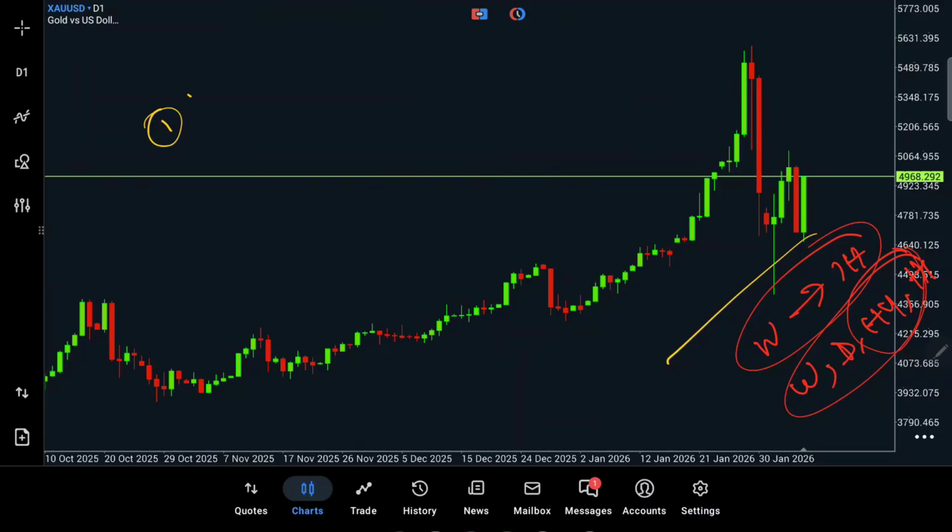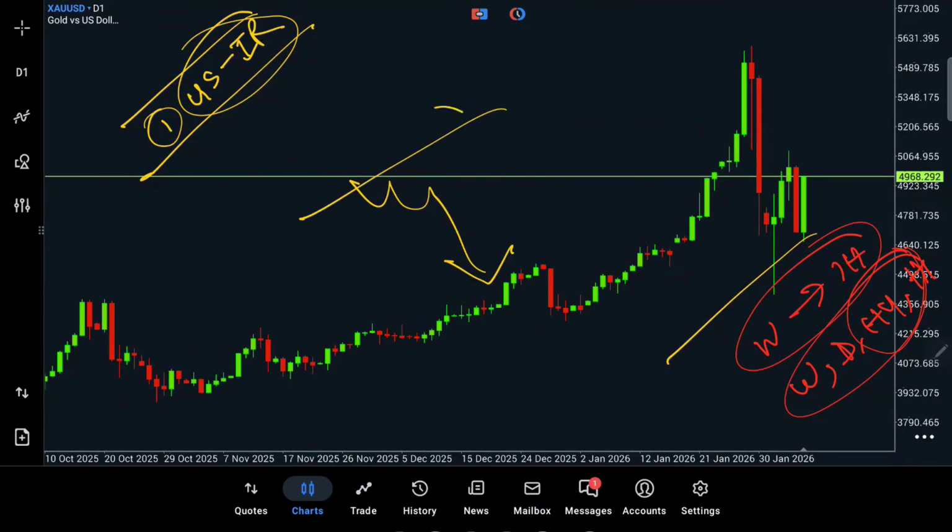Number one is US and Iran. That is the number one conflict in the world, a geopolitical issue. Donald Trump is assuming that Iran will make a deal with them, and in that case the market will move super bearish.